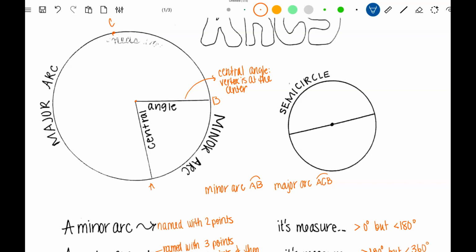What is true is the measure of an arc is equal to the measure of the central angle that intercepts it.